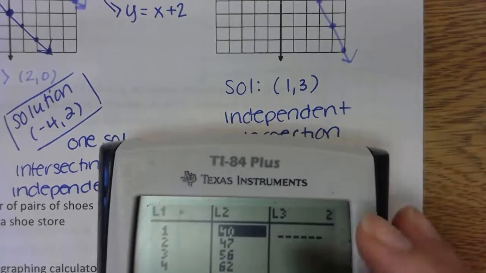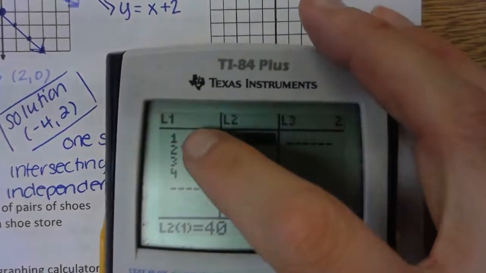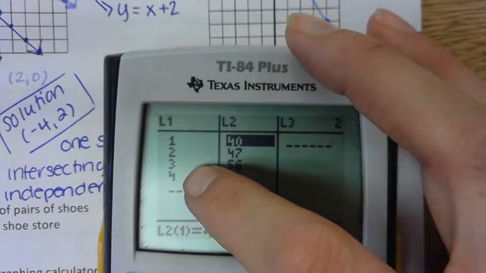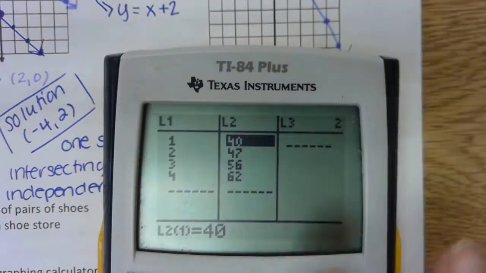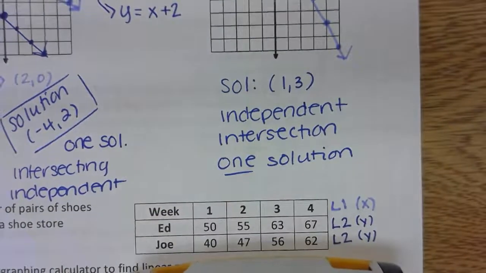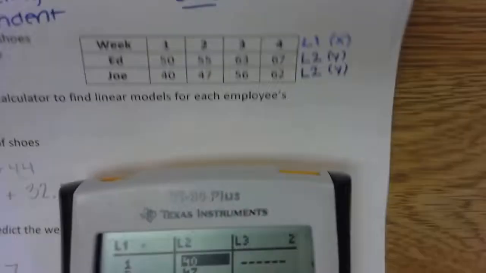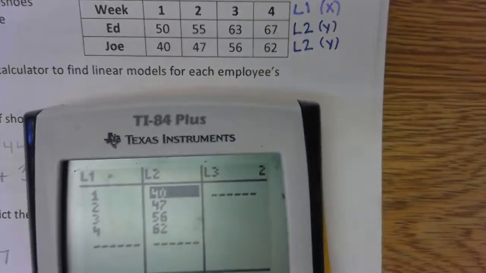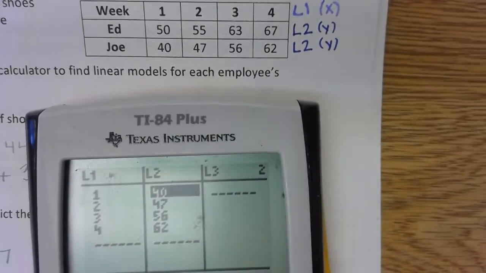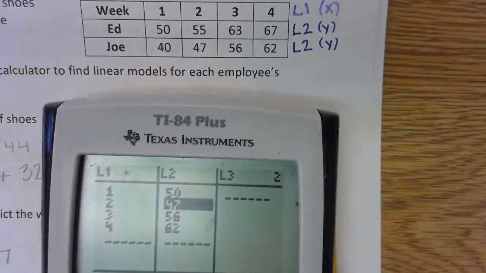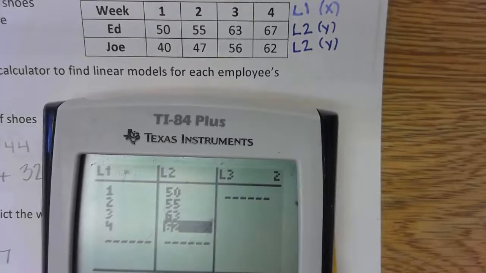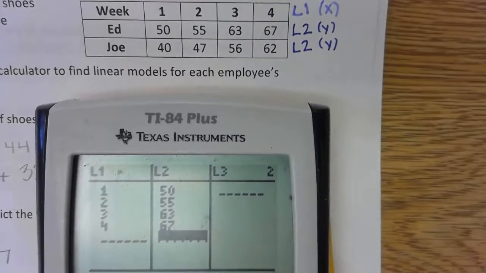So right now in L1, I have my weeks 1, 2, 3, 4. But in L2, I don't have Ed's data, so I need to type Ed's data into L2. So I'm going to replace my L2 with 50, 55, 63, and 67. Then I'm going to hit Stat.